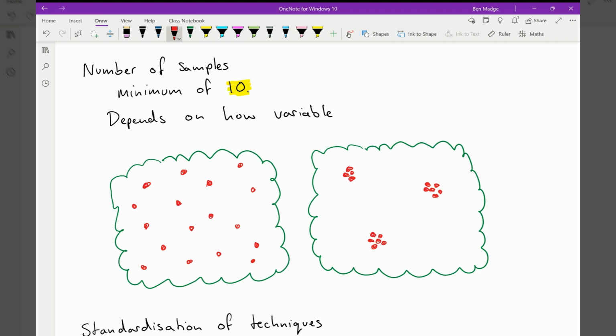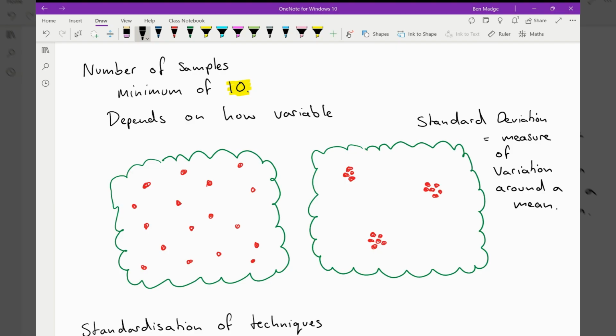A good measure of this can be something like standard deviation, which is the measure of variance or variation around a mean value.